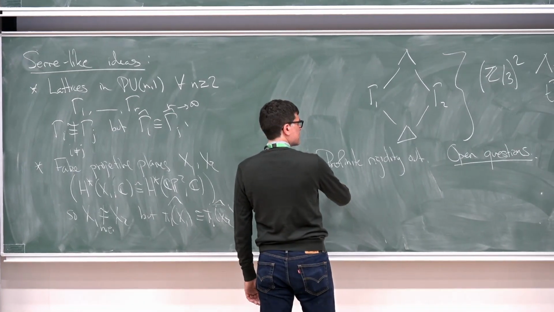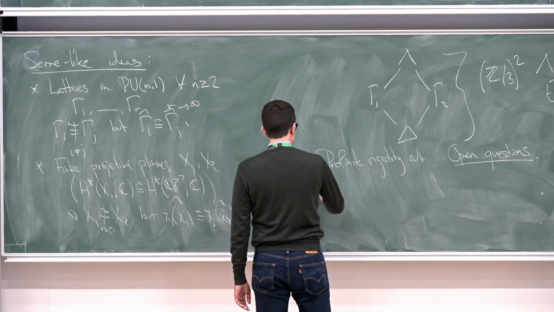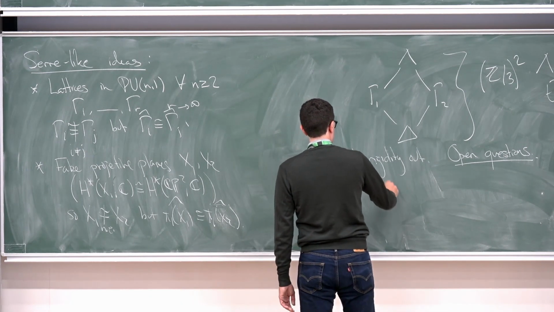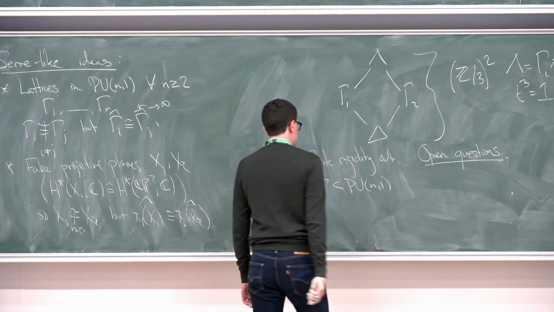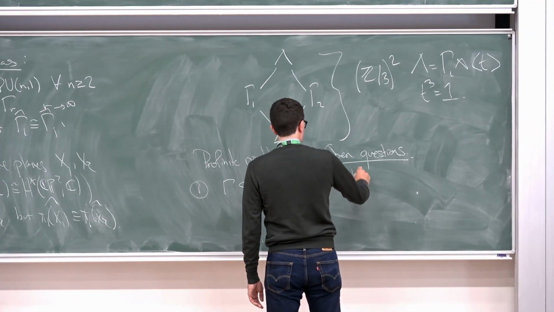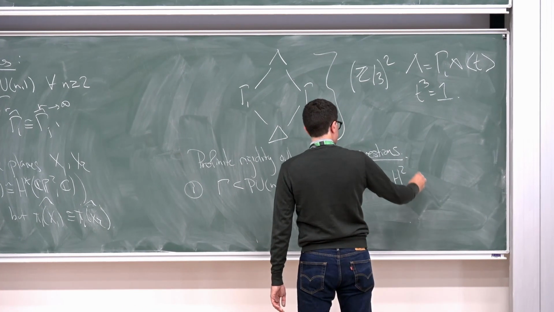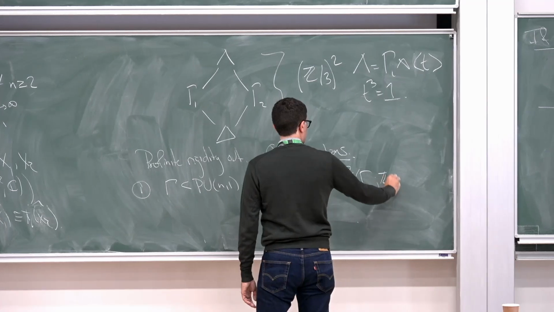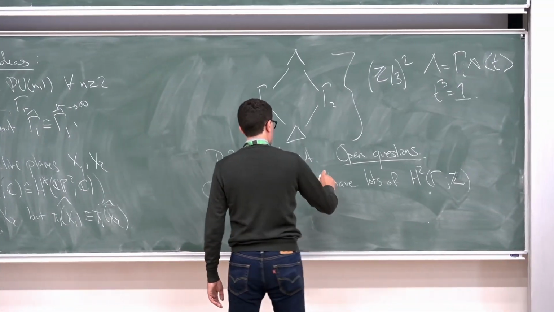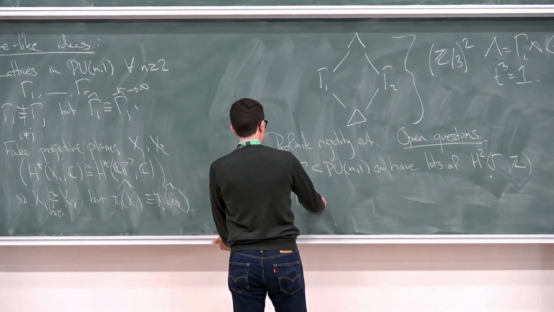Let's see. Where do I want to start? So maybe, first of all, you could take one of these lattices. These things have lots of H2, even over Z. So you can get lots of Z central extensions.